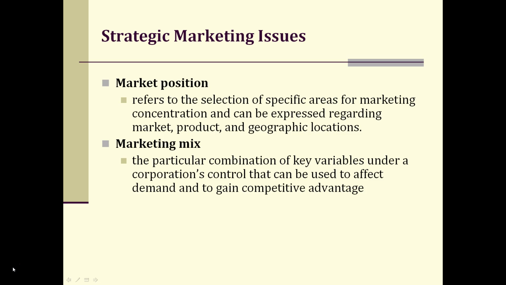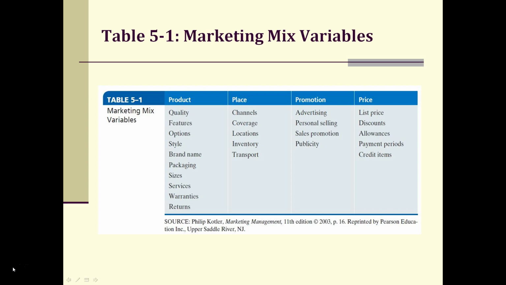So in this next figure, marketing mix variables are product, place, promotion, and price. Within each of these four variables, there are several sub-variables, as listed in table 5.1, that should be analyzed in terms of their effects on divisional and corporate performance.